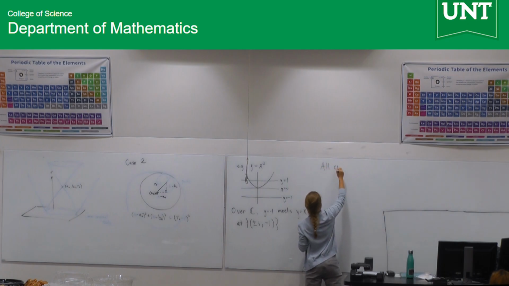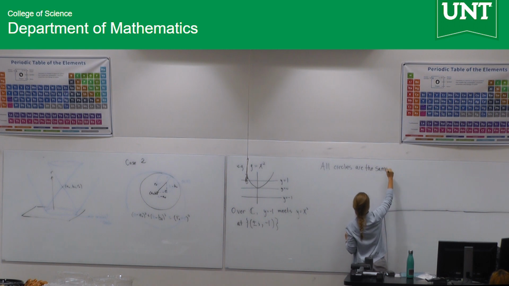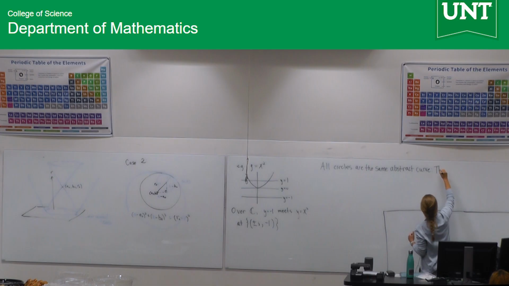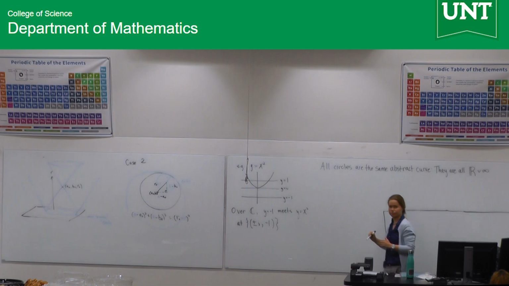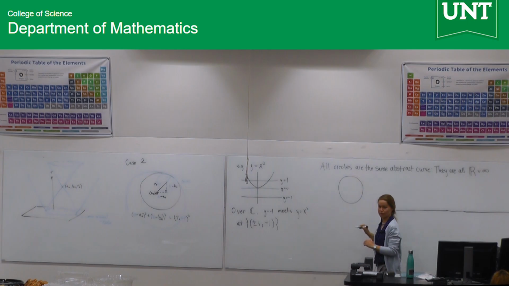They can sit in the plane in different ways, but I'm going to give you an abstract description. I'm going to show you that they are all a copy of the real numbers union a point at infinity. And the way we're going to see this is by something called stereographic projection.